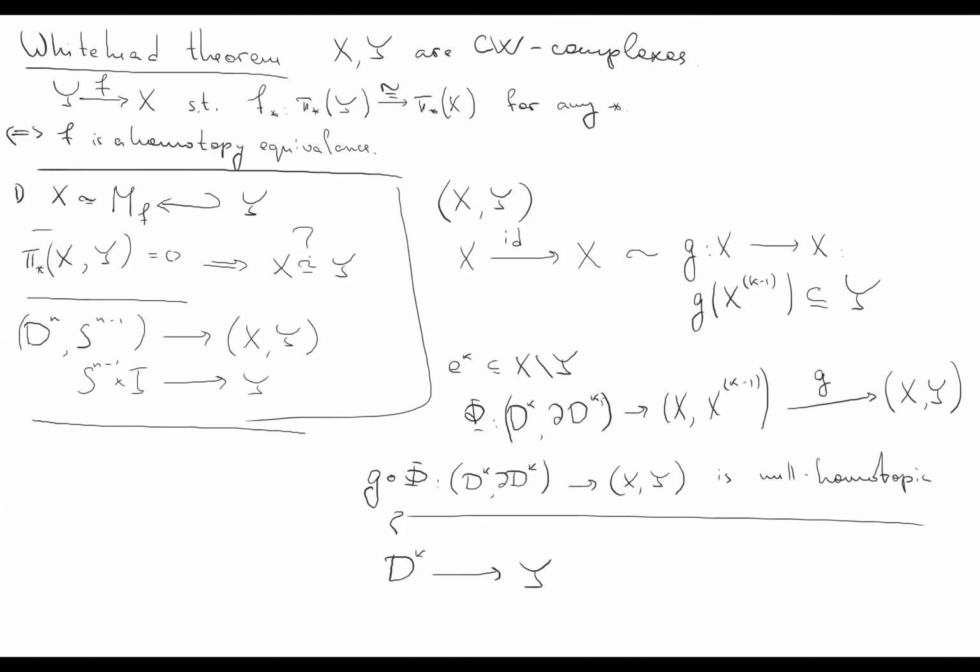This means that attaching k cells to X is homotopic to attaching k cells to Y. I mean there is a homotopy equivalence between the canonical maps from X_{k-1} with this k cell to X and a map to Y.